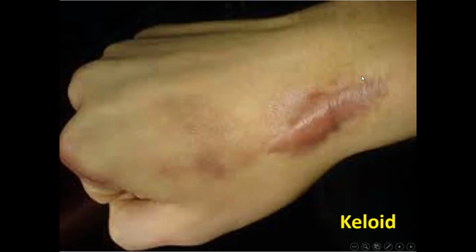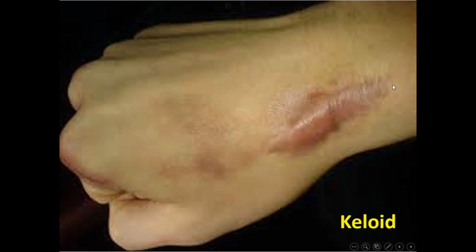Another problem for collagen synthesis is that after wound healing, we have a high amount of abnormal collagen at the site of healing, which causes a wound scar. We call it a keloid, especially in people of Black descent.